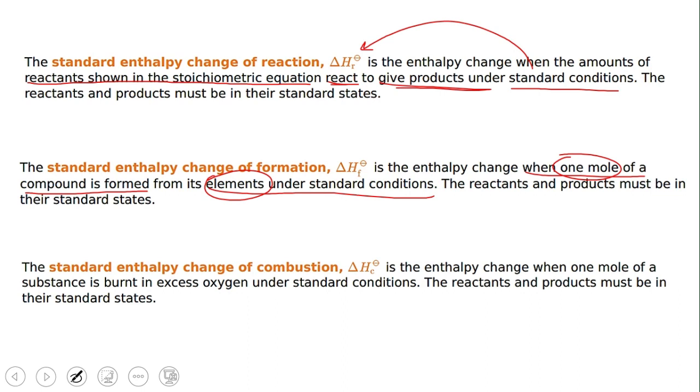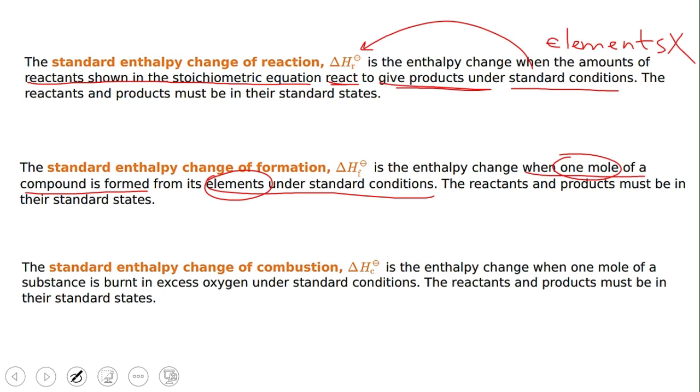Elements will react and make one mole of product at the end. In that case, the enthalpy change will be the enthalpy change of formation. Remember one more thing here. In the case of the enthalpy change of reaction, you cannot take elements. There will be just reactants and products, not elements. But in the case of formation, we are taking elements and making one mole of product only.